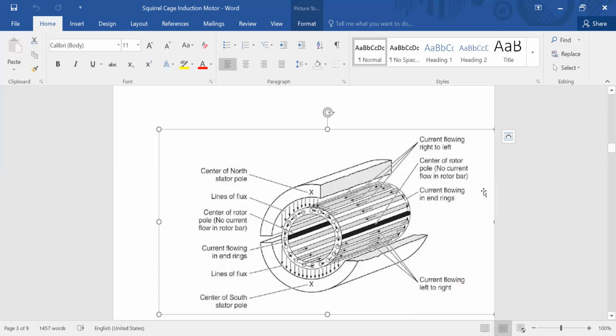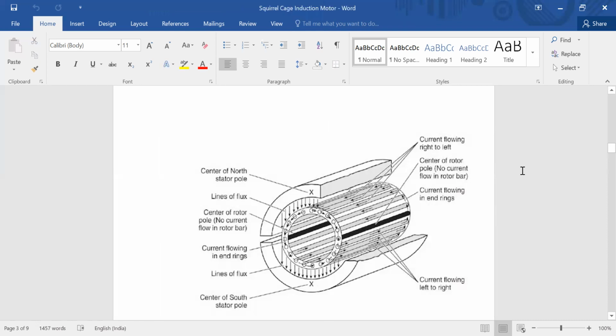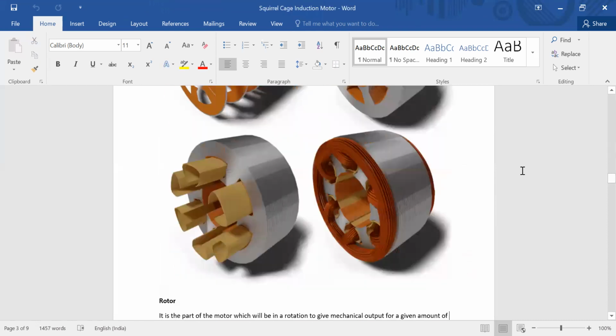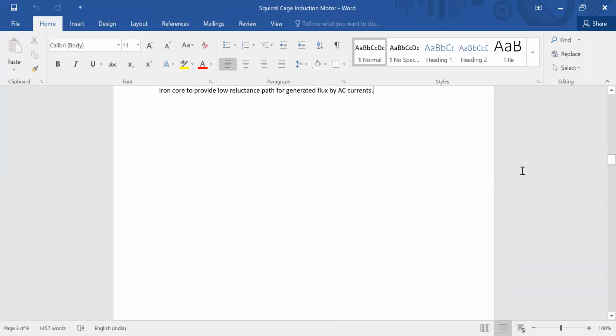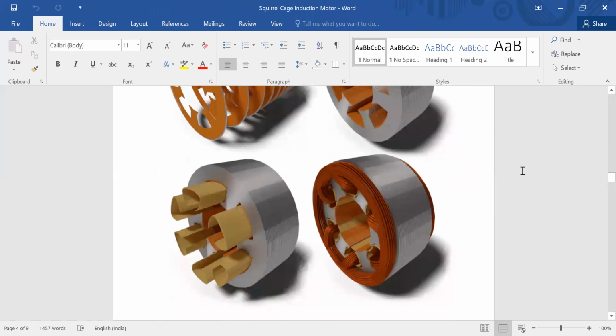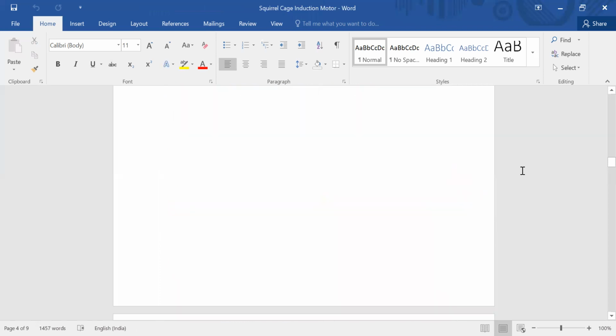Induction method. Now we have a stator, a rotor, a fan, and bearings; those are the main parts.